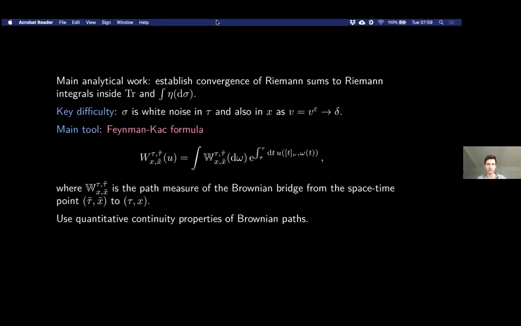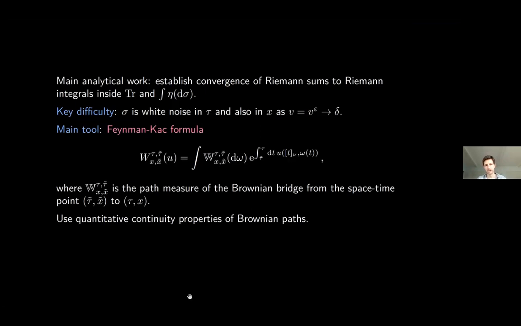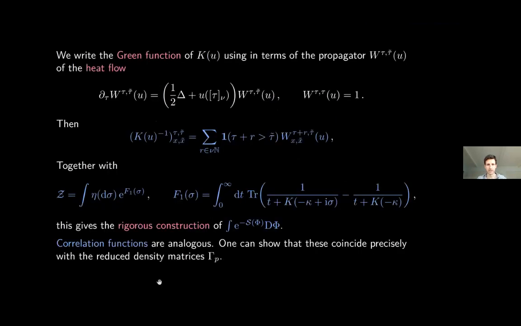And finally, to conclude in the last 30 seconds or so, let me just say how, at least to make you believe that this analysis can be done. It in fact can be done in a very pleasant way thanks to the Feynman-Kac formula. That's somehow our key gift in this whole business, that we can write the propagator. Let me go back to this heat equation here. This heat equation is a textbook example of something that can be expressed in terms of the Feynman-Kac formula, right?